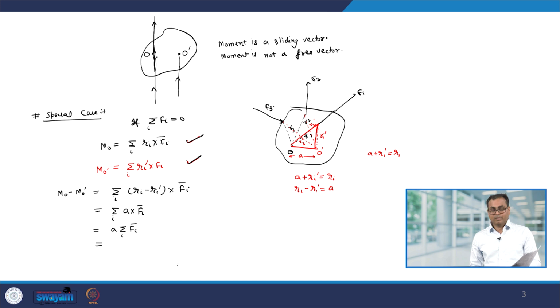and we have assumed that the sum of the forces is equal to 0. So, therefore, this will be 0 since the summation over i of Fi equals 0. What does this mean? This means that in the case where the sum of the forces is 0, the moment about O will be the moment about O prime.